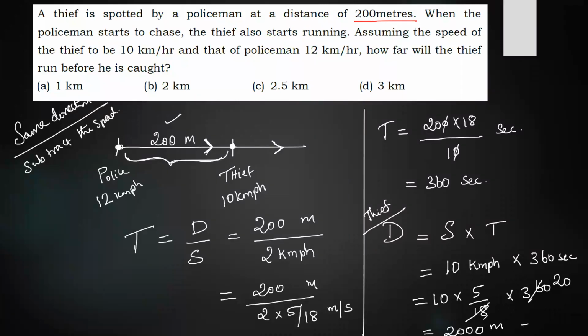Time is 360 seconds. So I'm converting again into meter per second. So 5 by 18 meter per second into 360, 20 times. You will get in terms of meter 1000 meter. 1000 meter is equivalent to 1 kilometer.